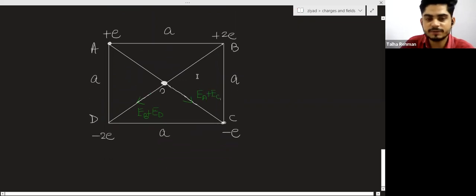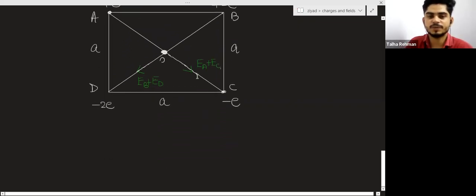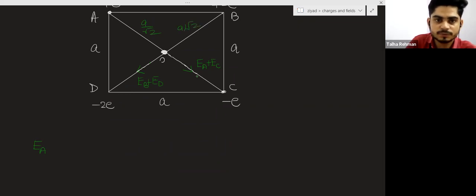Now we will calculate the magnitude of EA, EB, EC. First calculate EA, and we know that this distance is a divided by √2. All the distances are a divided by √2.